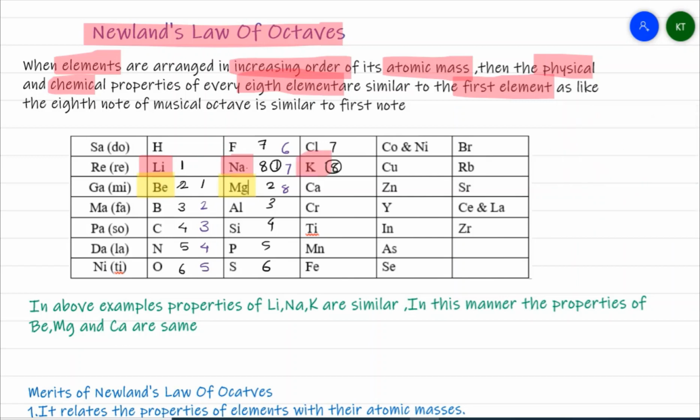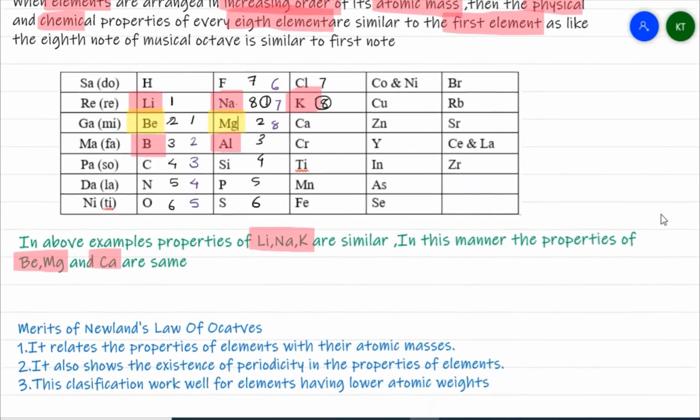So here I can predict that lithium and sodium will have the same property. In a similar manner, beryllium, magnesium, calcium will have the same property. Boron and aluminium will have the same property. So every eighth element in a series will have the same property as the first element.